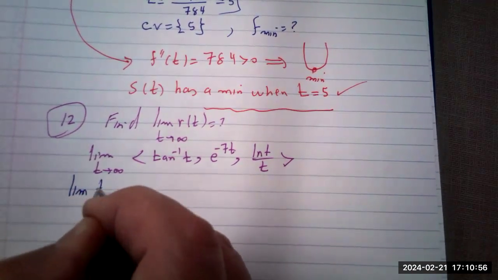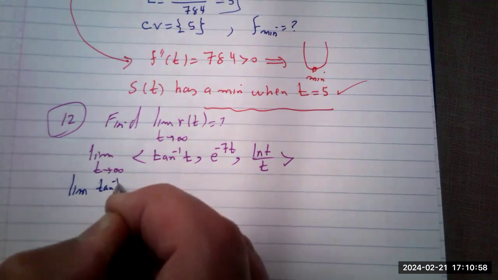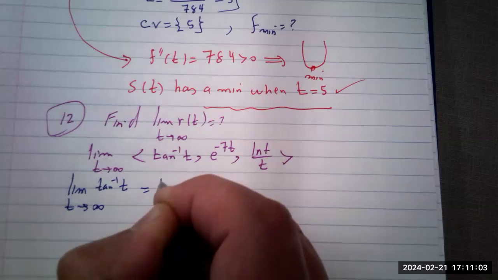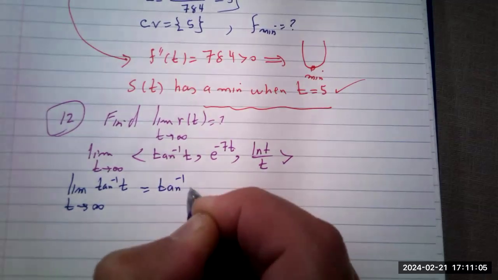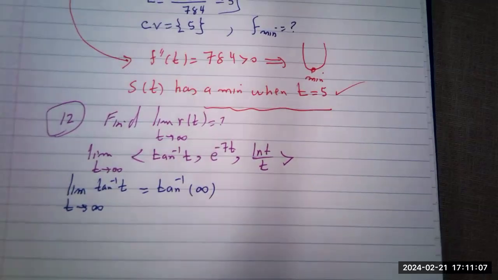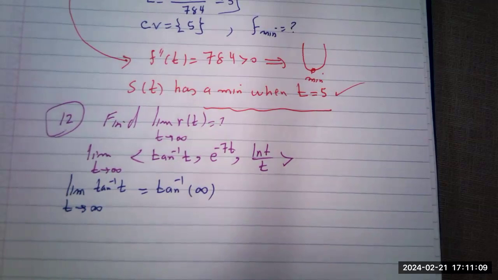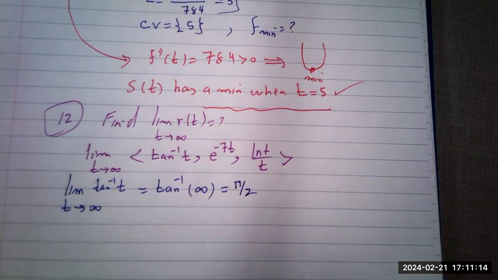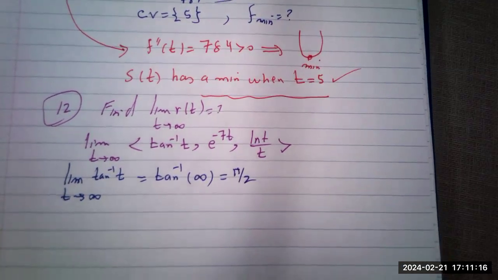So the limit of the tan inverse of t when t goes to positive infinity is going to be the same as the tan inverse of infinity. You want to find an angle whose tangent is infinity. You know that that angle is pi half. That's the first one. Any question?